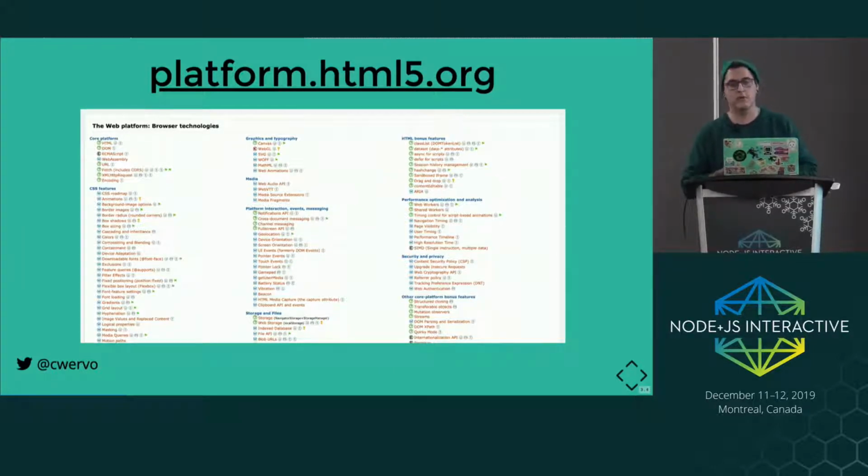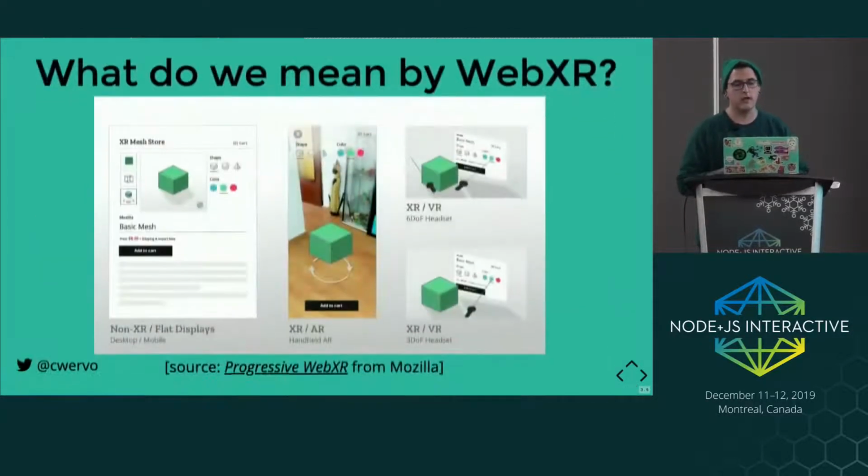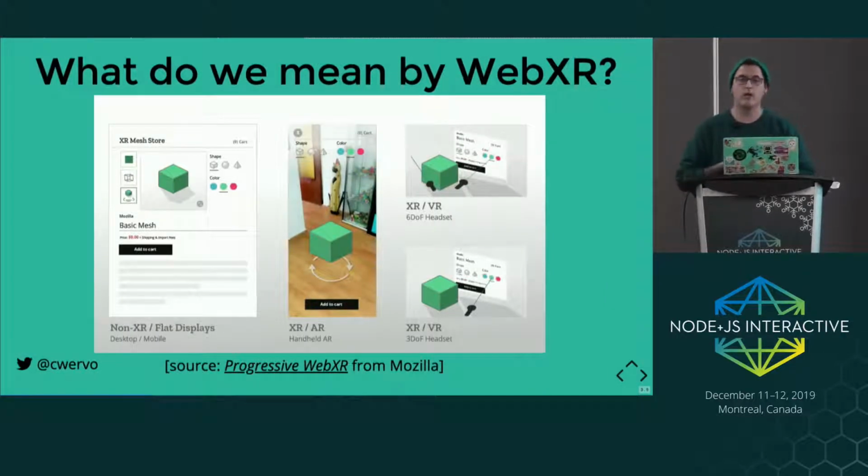But the thing that's important to remember about this concept of the web as a platform is that all these checkboxes are meant to enable users or developers to create new things or have new experiences. So when we talk about introducing WebXR to the web platform, the low-level implementation is the WebXR Device API.